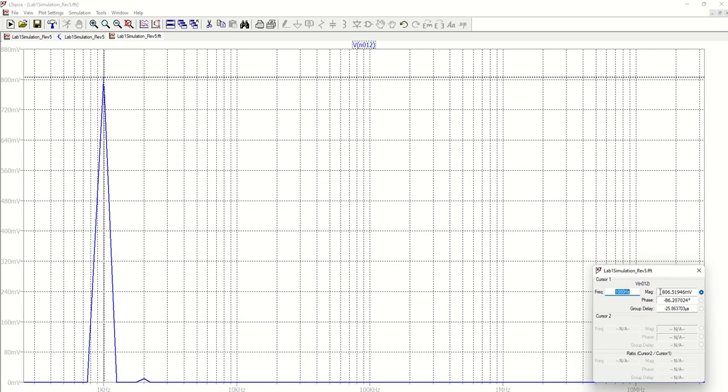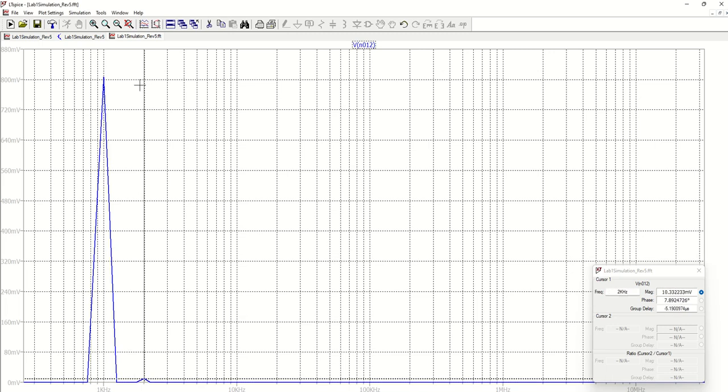And so at 1K we're getting 806.5 millivolts. And then on the second harmonic we're getting 10.33 millivolts. And then looking at this graph, it doesn't look like there's anything else out here.